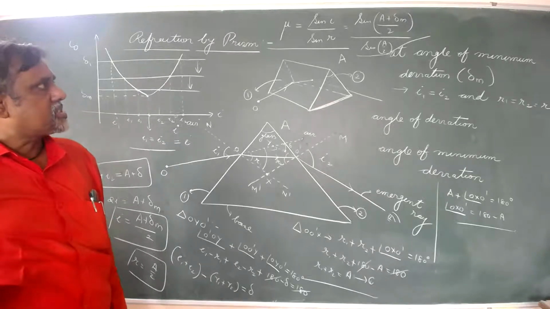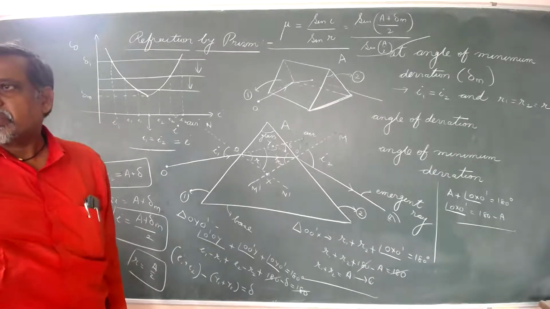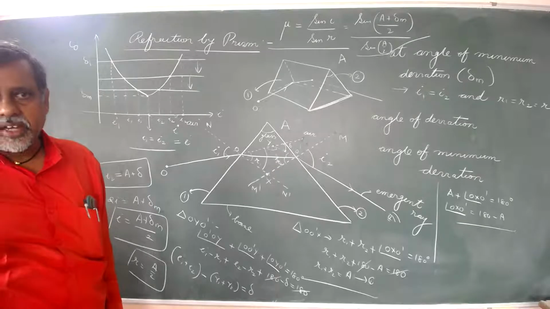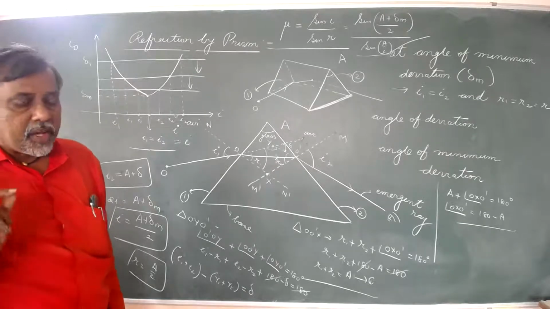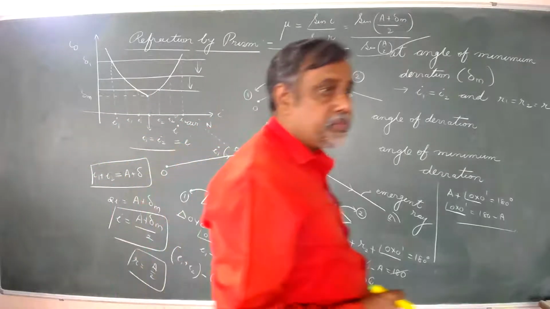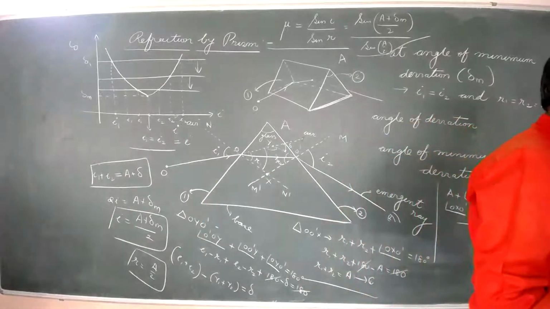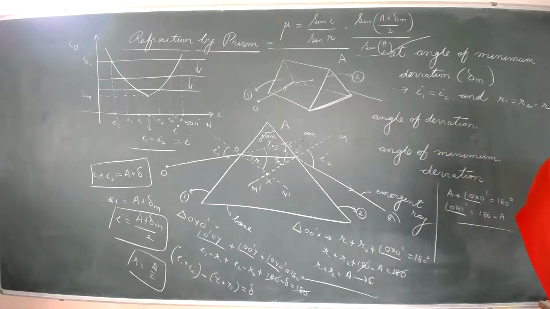Ultimately, mu is equal to sin A plus delta m by 2 by sin A by 2. This becomes the refractive index of the glass prism. Please make a note of it. Make it fast. Understand?